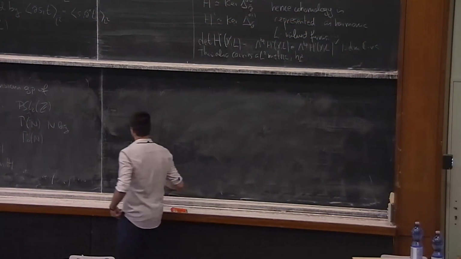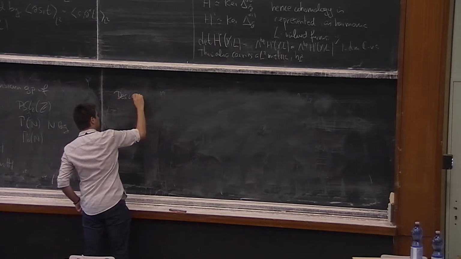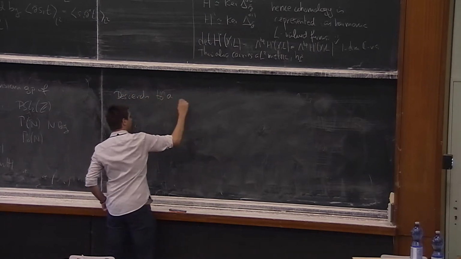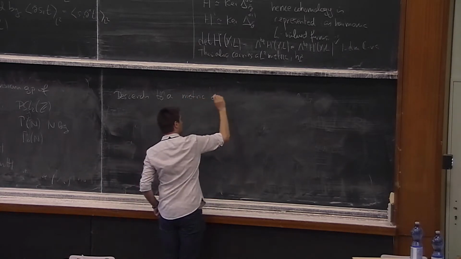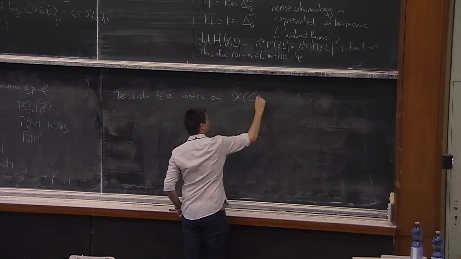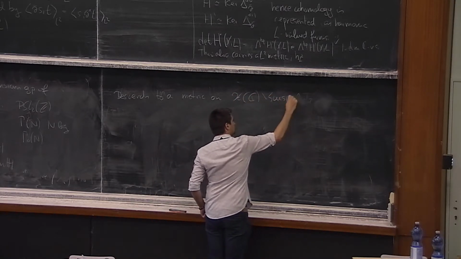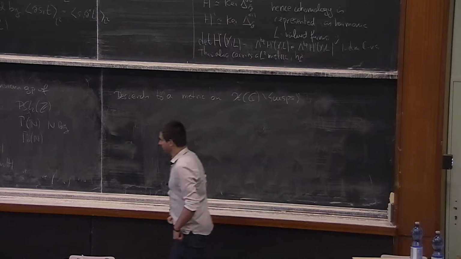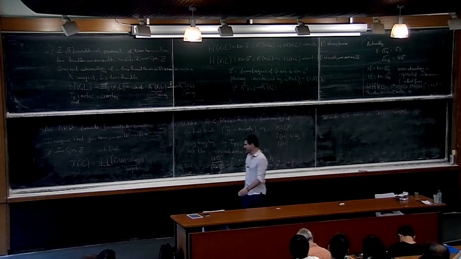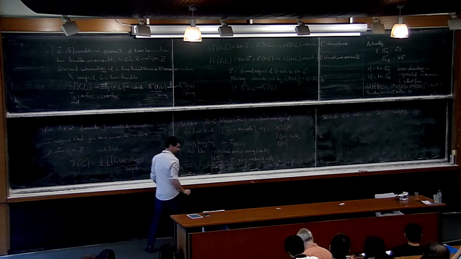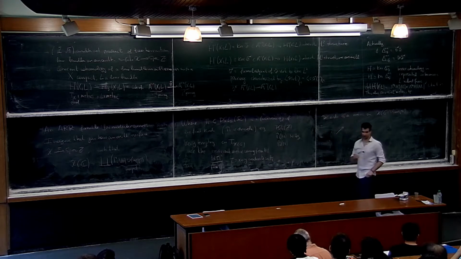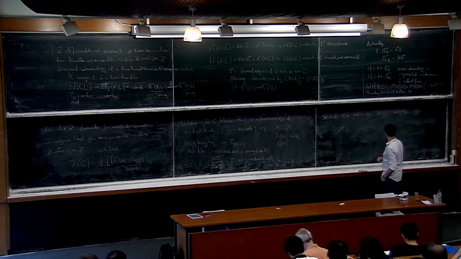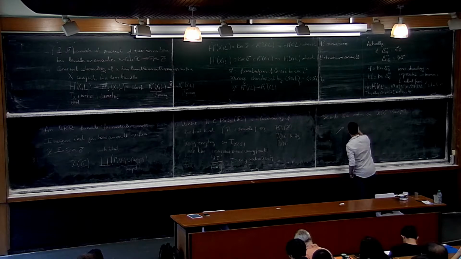It descends to a metric on X(C) minus the cusps, where the cusp set is the union of all these cusps. And so it has two problems. The one that we just said, and we saw in previous lectures, is that it does not extend to a smooth metric on the cusps.